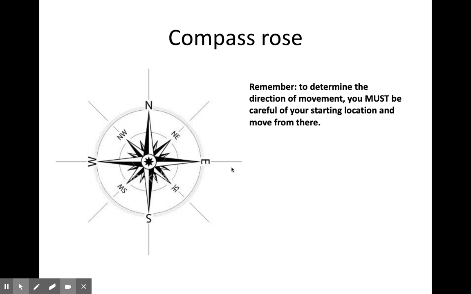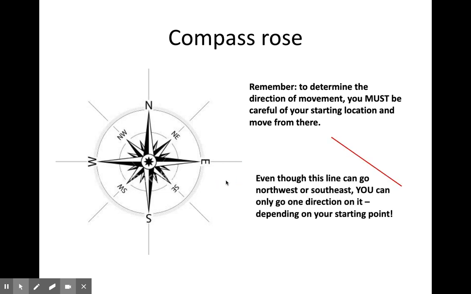Remember that to determine the direction of movement, you must be careful of your starting location and move from there. Even though this line can go northwest and southeast, you can only go one direction on it, right? You're either going to go northwest or you're going to go southeast. You can't go both. And it depends on where you start.